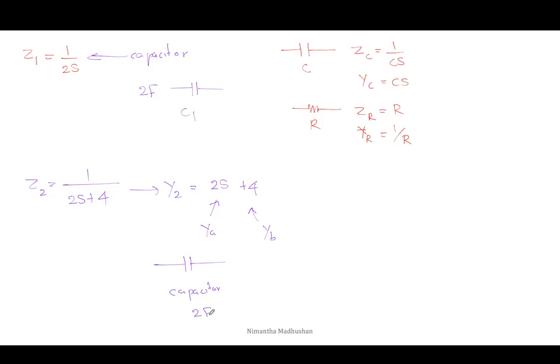This one is C1, this is C2. And for the other term, I can rearrange: 1 over 1 over 4, the answer again is 4. Then this one will be a resistor because there is no s term in this part. The value is 1 over 4. This will be R1.